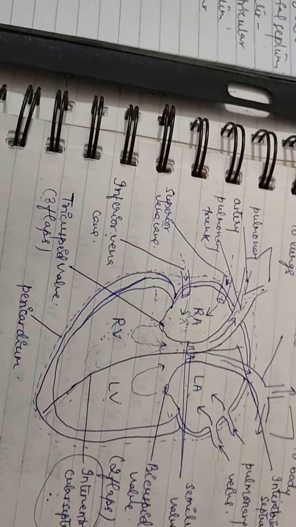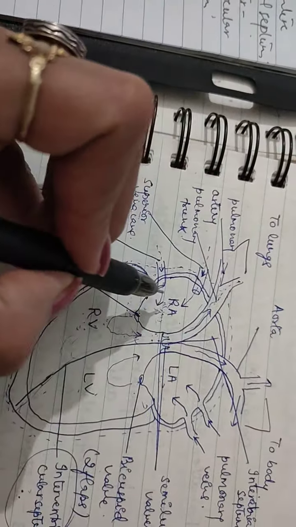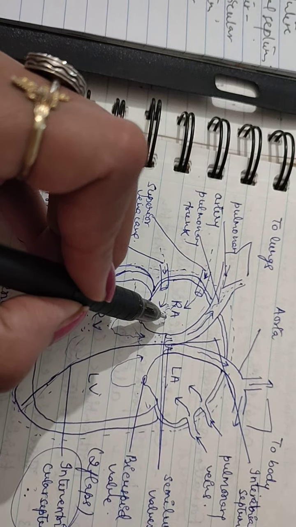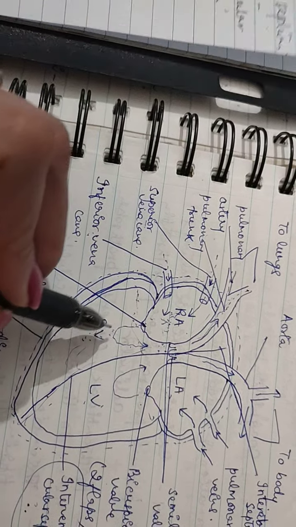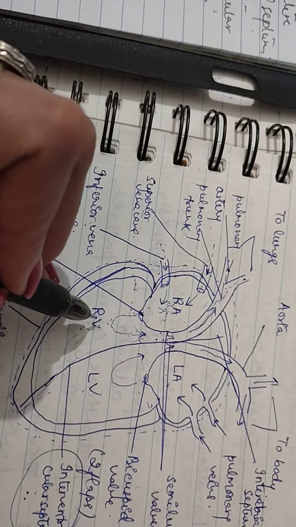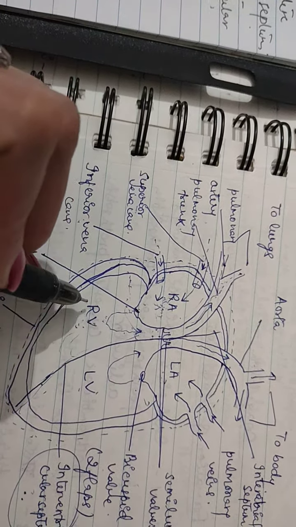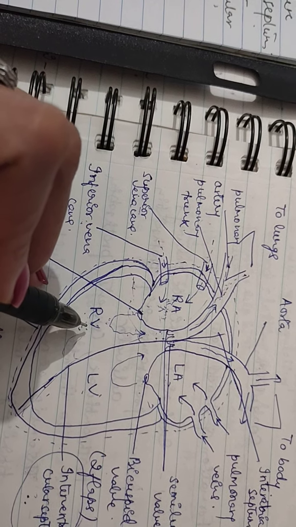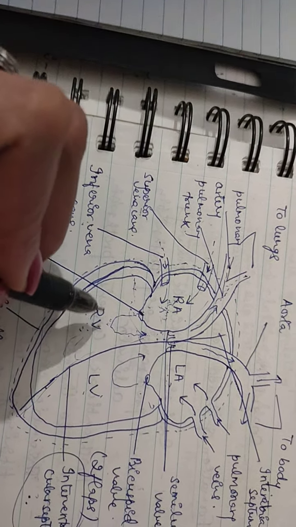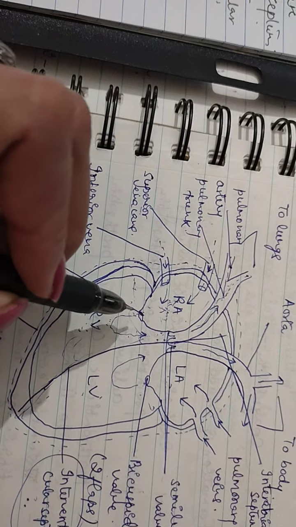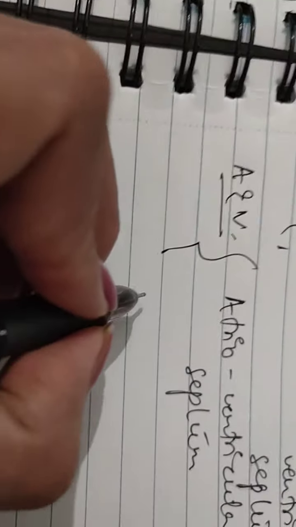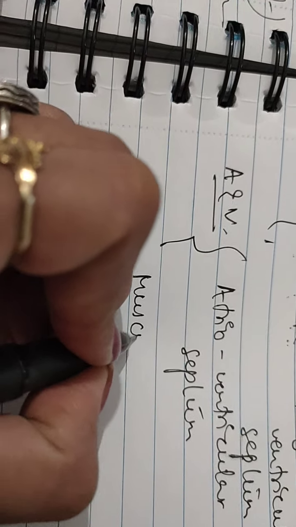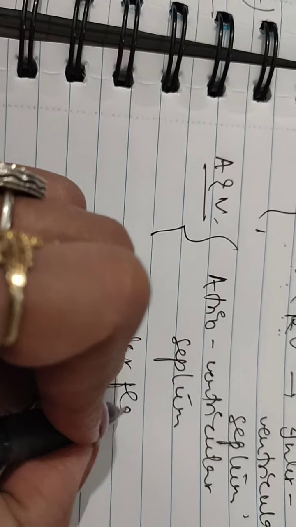The opening of the right atrium into the right ventricle is guarded by a valve formed of three muscular flaps, also known as cusps.